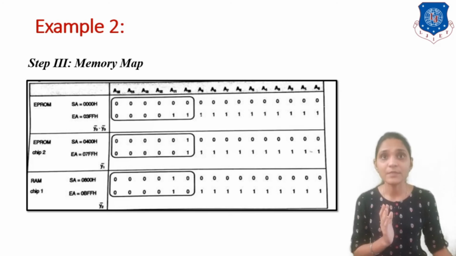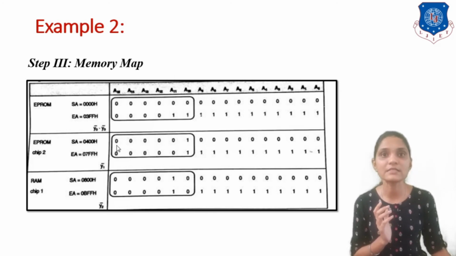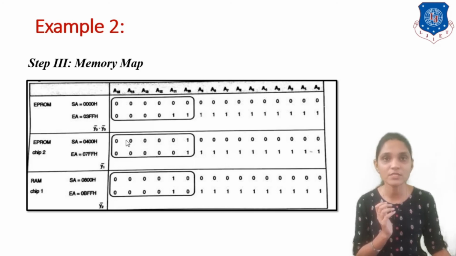Okay, for example, if we consider this EEPROM, then it has this combination like 0, 0, 0, 0, 0, 1. So I have to select this particular chip when the 6 pins of this address are like 0, 0, 0, 0, 0, 1.